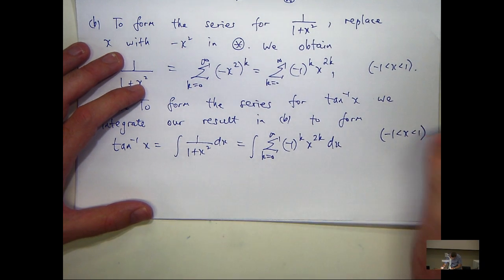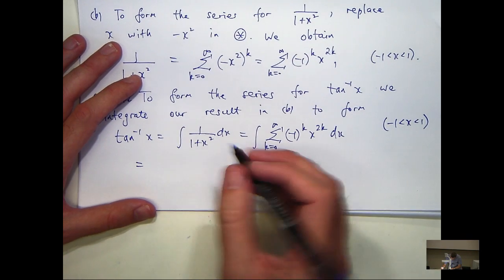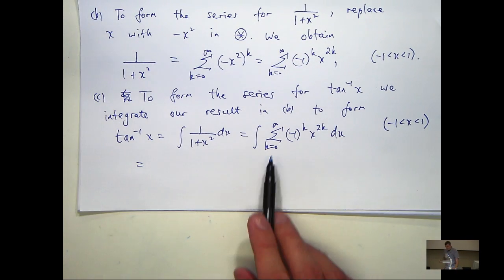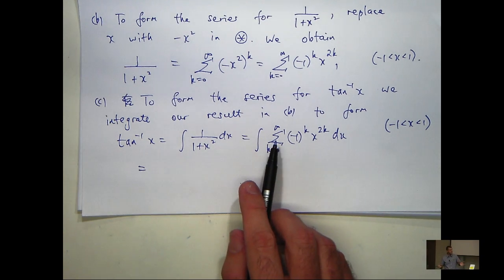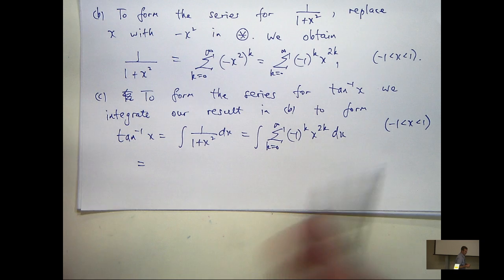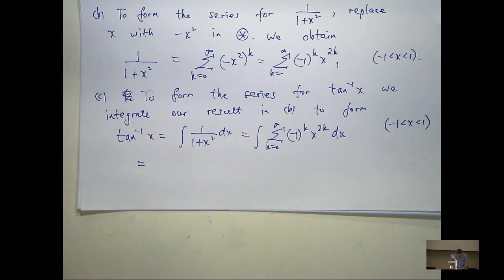That's a huge step. Now, you can, if you want to, expand the bracket here and just write out some of the terms and integrate them. I'm not going to do that.